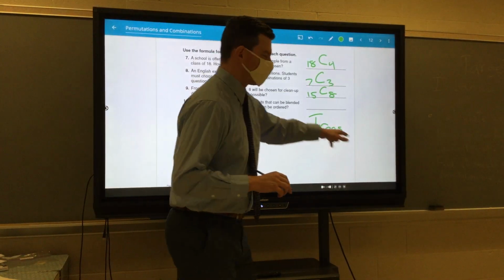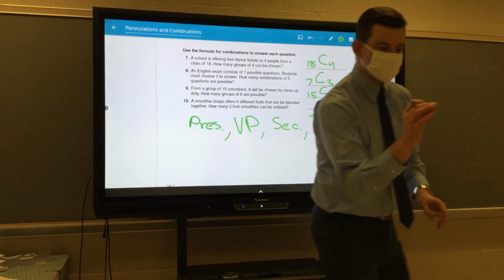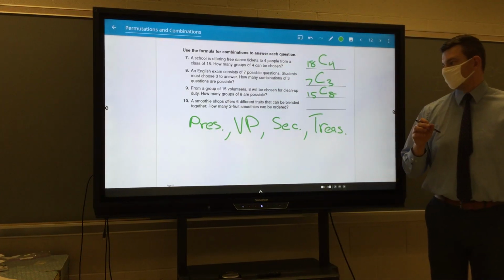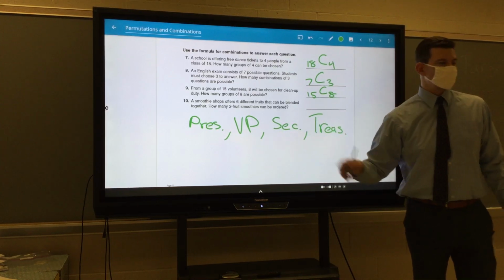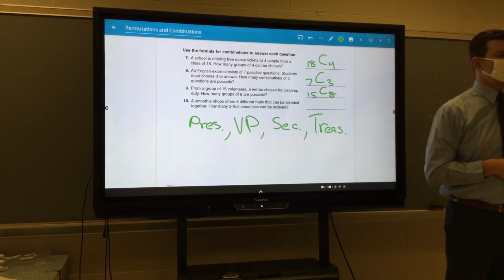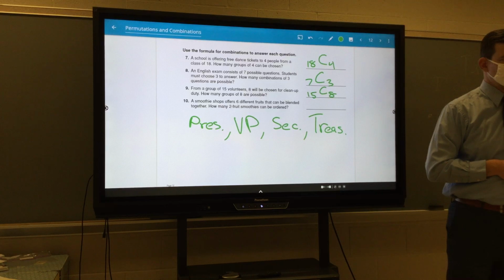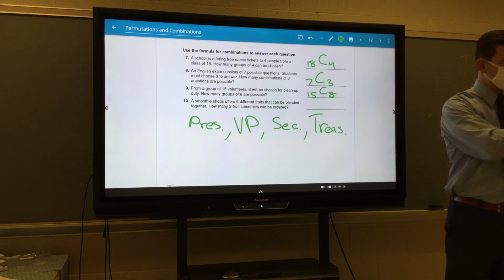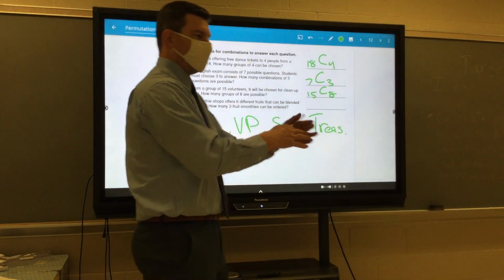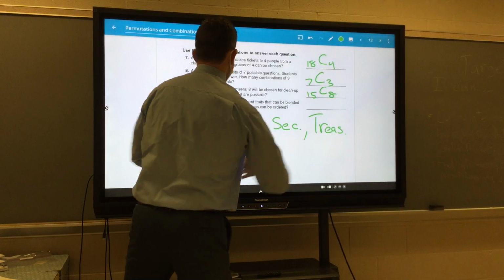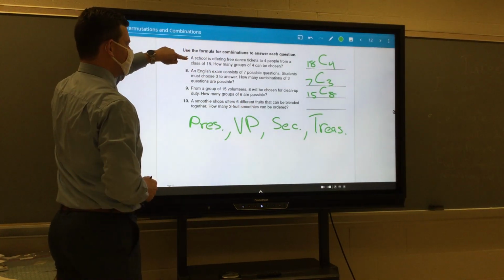Each of these performs its own distinct role. So 15 people to choose from, selecting those 4 roles, would that be a permutation or a combination? Permutation.